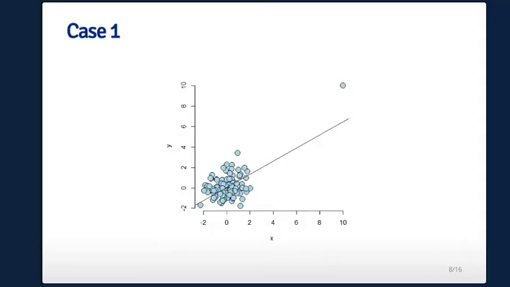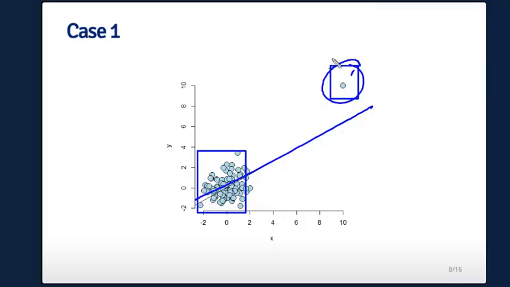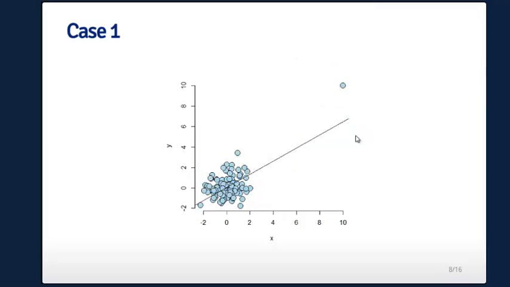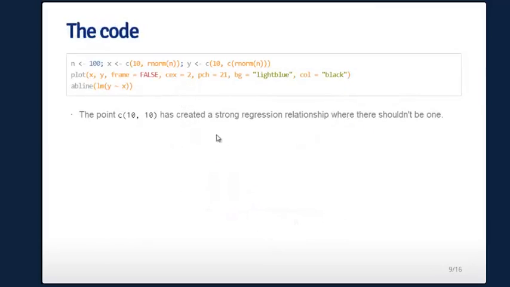There's no regression relationship between x and y, but we have this one outlying point out there. I just generated random bivariate noise and then threw a point way out there. So we get this regression line just by virtue of that. So this point has huge potential for influence that it actually exerts.